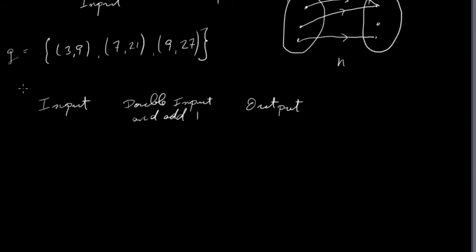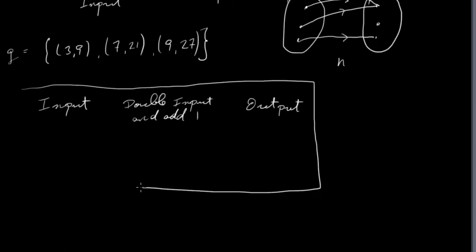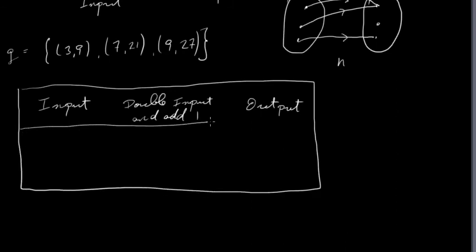Now you can draw a table like this, and let's say that we put in some inputs and see what happens. So let's say we put in the numbers 1, 3 and 5. So these are our inputs, these are our outputs, and this is what we're going to do to our inputs. So 1, if we double it, we'll get 2, and then add 1, we'll get 3.